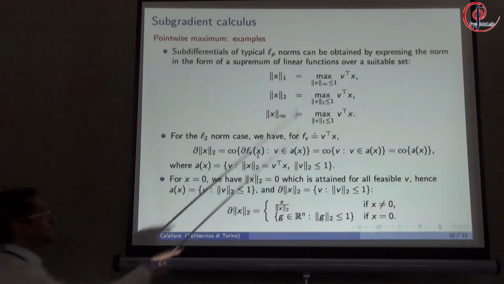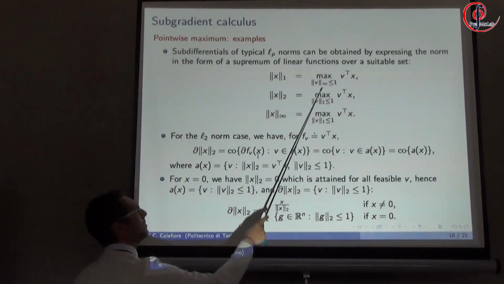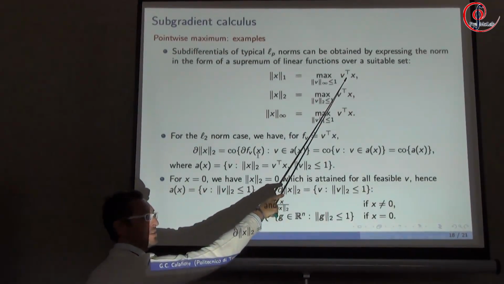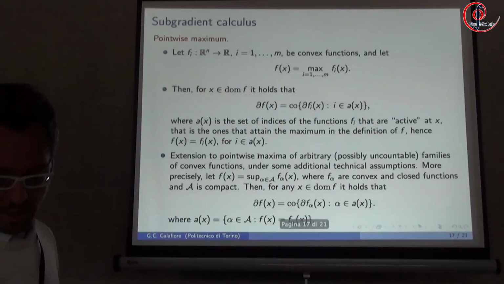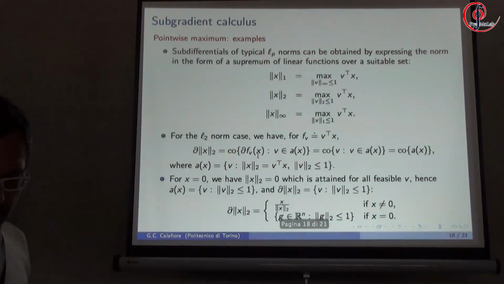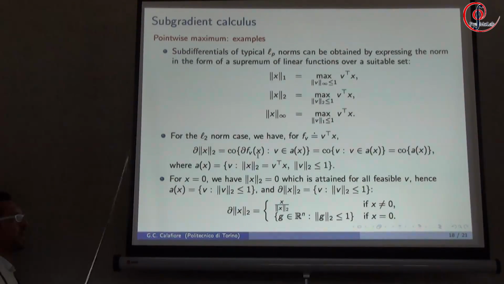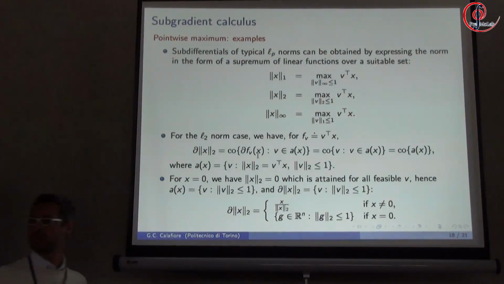And so as soon as we express the norm as a maximum over some parameterized family, then we can apply the rule I showed you before for computing the subdifferential. So if I take, for instance, the L2 norm case, the function f_v, which is parameterized by v, is just a linear function, v transpose x.